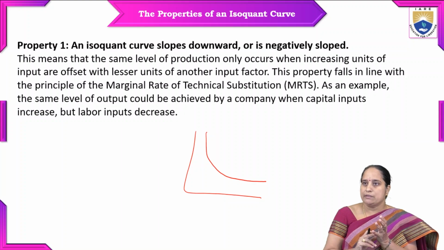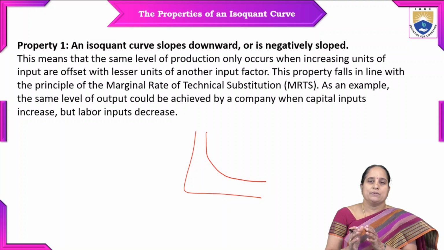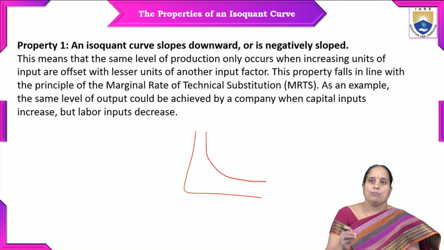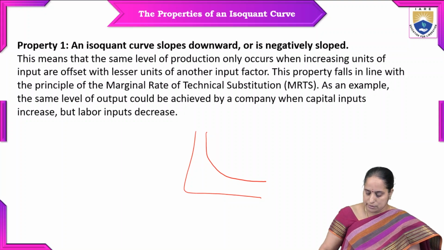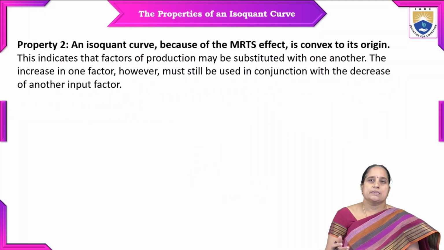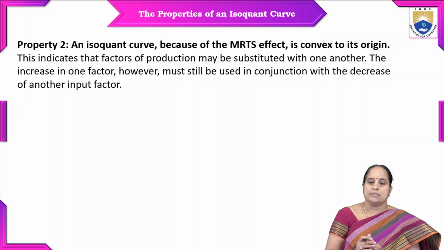So this property falls in line with the principle of the MRTS. As an example, the same level of output could be achieved by a company when capital input increases but labor input decreases.